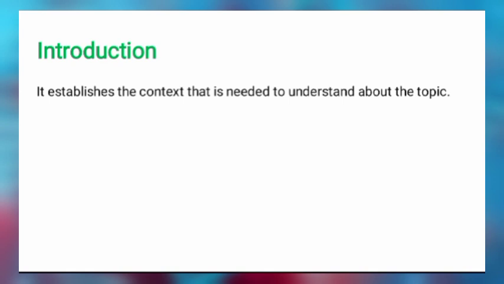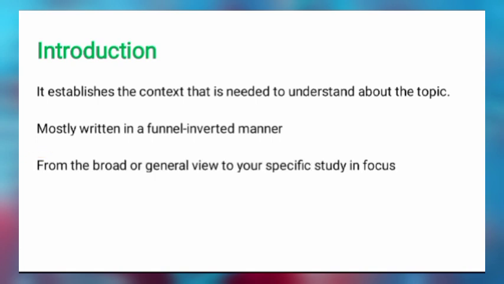You have to talk about those tests too, and then let us know what is behind it. I mean, what accounts for positive tests or negative tests. All these have to come in your introduction. So, as I said, it is written in an inverted funnel manner. That is from the broad or general view to the specific study that is in focus.